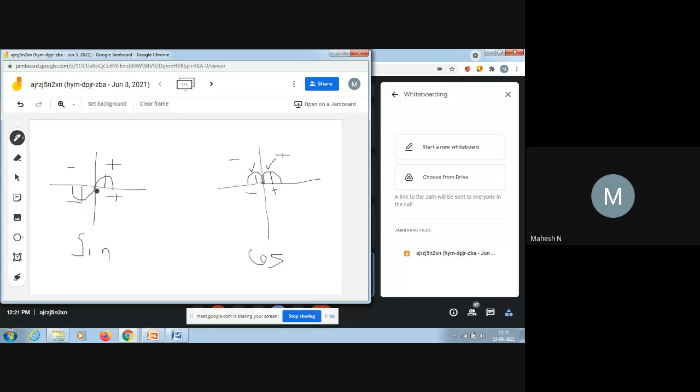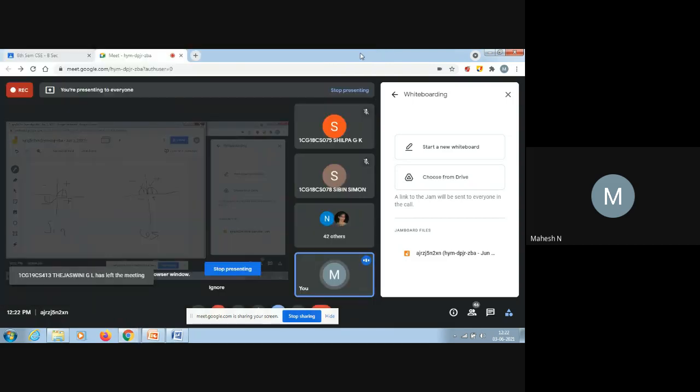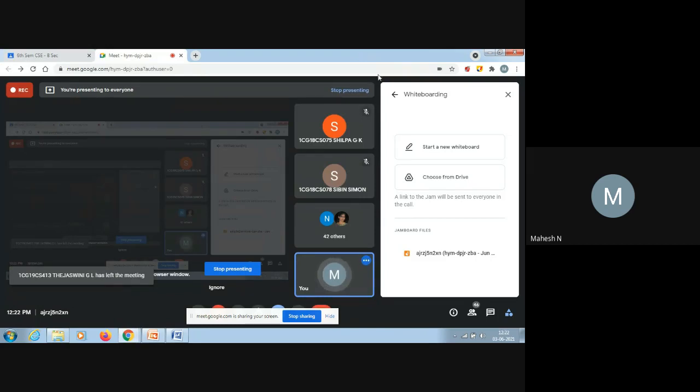Whenever it comes to the positive side, the value is positive. That means the magnitude is the same, only the sign is different. Hence sin of minus theta is minus sin theta. Here cos of minus theta is plus cos theta because this is the waveform. This is how, by the waveform method, they explain cos theta and sin theta.